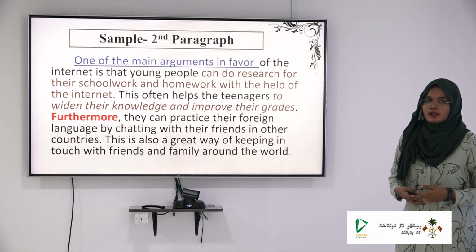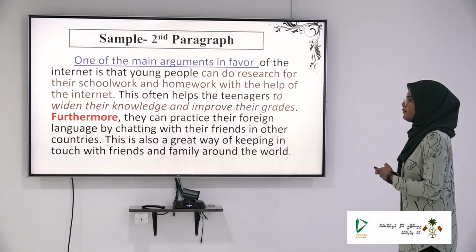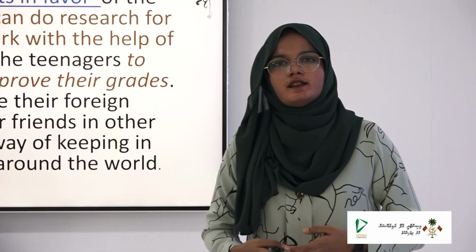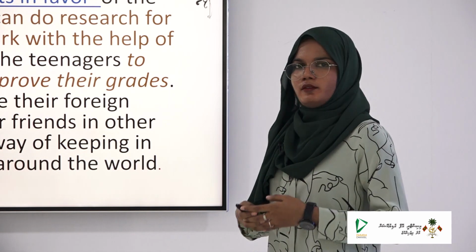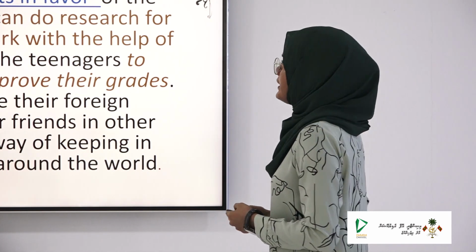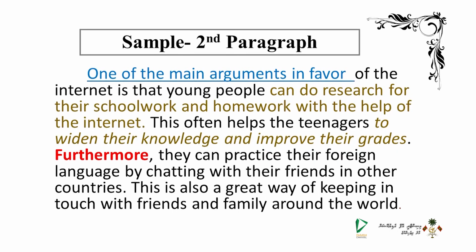Now, there are two sentences that are highlighted in the brown color. Can you identify these sentences? I haven't talked about these sentences in the previous slides. Do you know what they are? Well, the first one is the main argument. The main argument here is that internet would help the young people to do their schoolwork and homework.